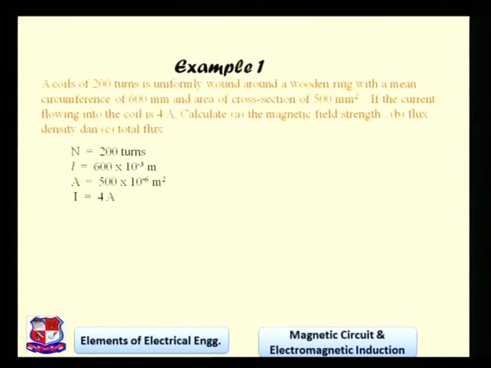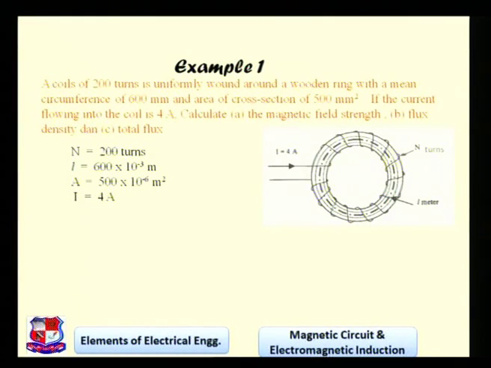The current flowing in this ring is 4 ampere, so I is equal to 4 ampere. This is our circuit in which the current flows; the number of turns, length and area are there. Firstly, magnetic field strength.